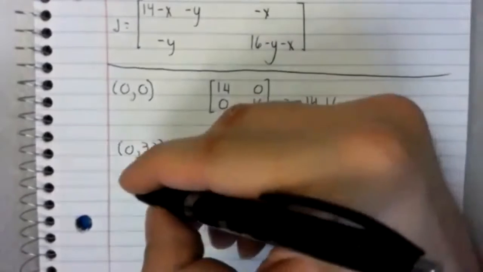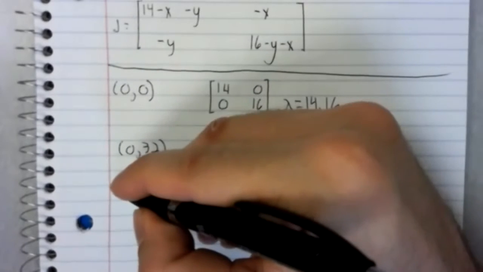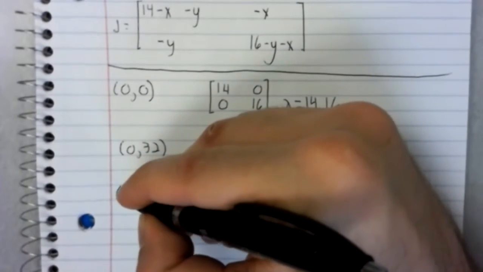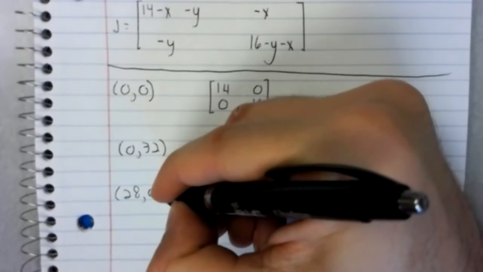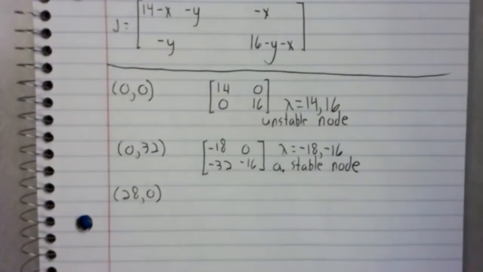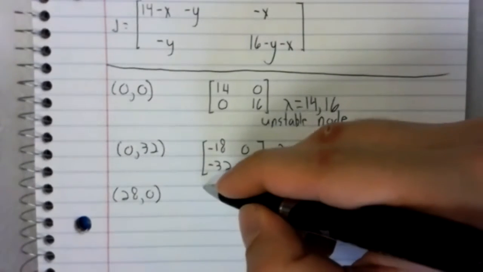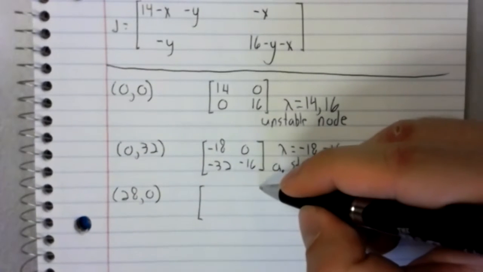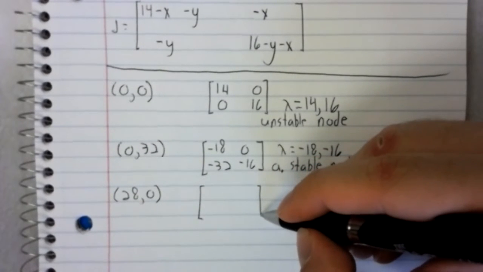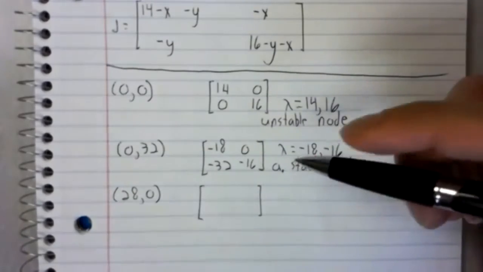The fixed point at 28, 0. The second species has gone extinct, and the first species is at 2,800.